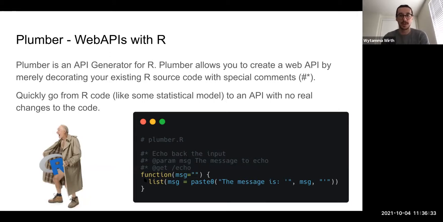Basically you would have some function and you can decorate it. This is that same sort of hacky comment syntax. If you run this as an R file, if you source this file normally, nothing would happen. These comments are just ignored, obviously. But when you use Plumber to source it, it intercepts these special comments and sets up the file to create a web server.